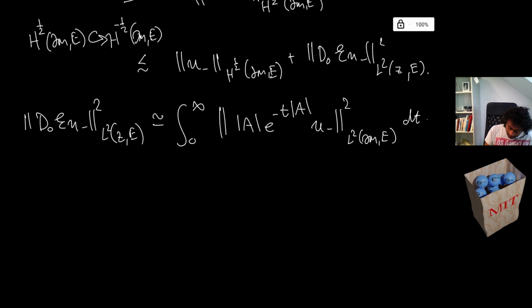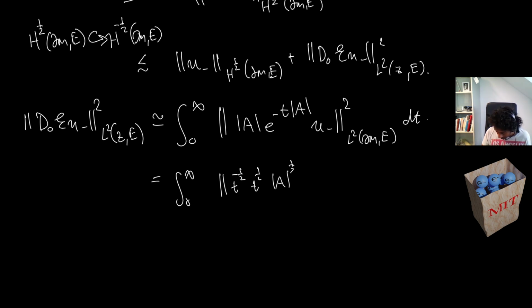When we want to convert this into a quadratic estimate, we introduce t to the half times t to the minus a half, and now we have a to the half here, e to the minus t modulus a. Now we have to take a power of a to the half of u, in L2 of the boundary, dt.